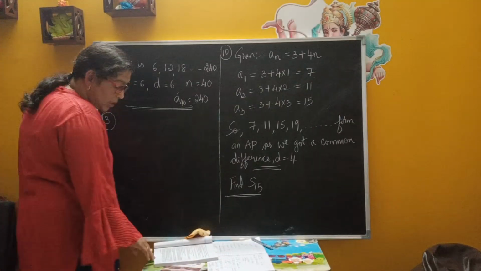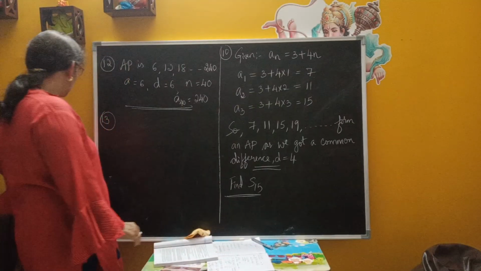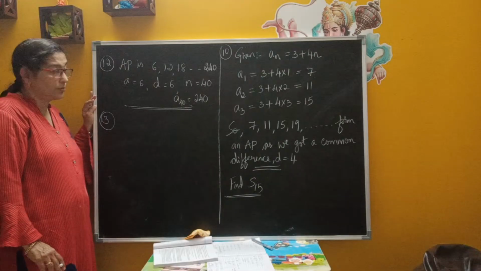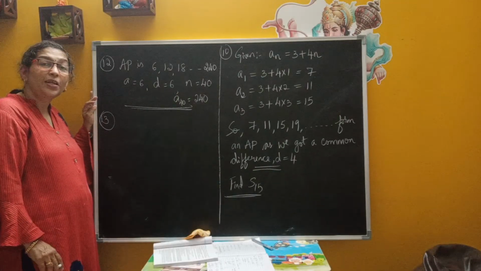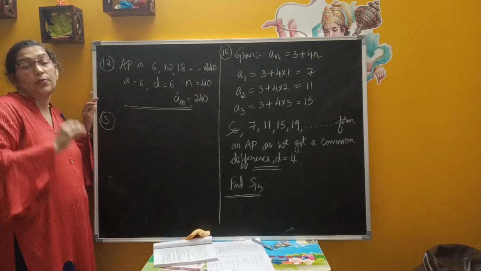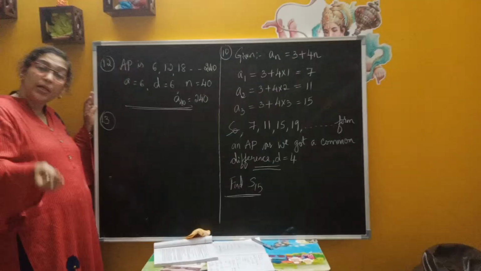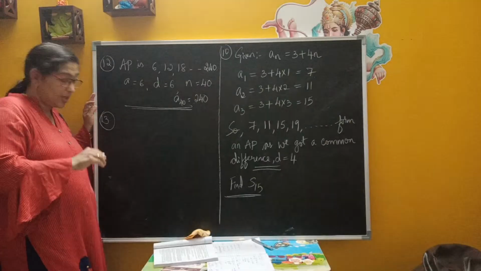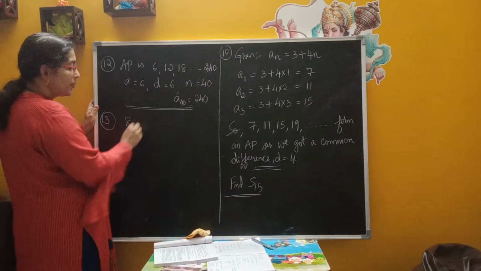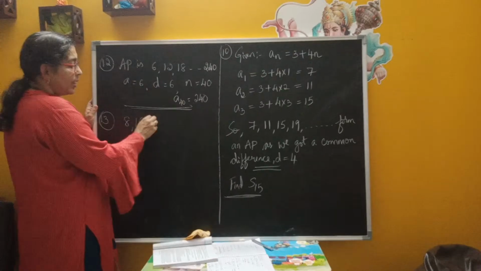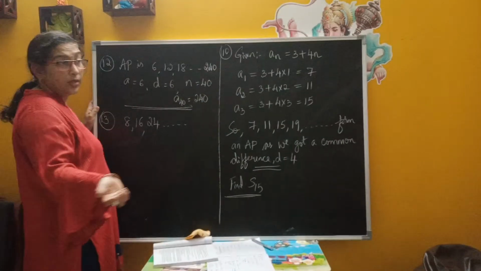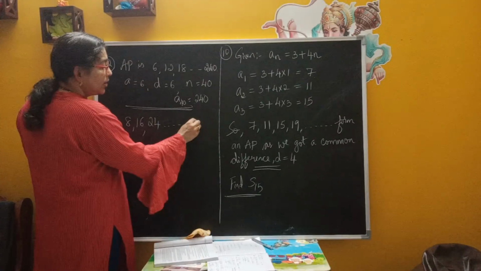Now the 13th one. Find the sum of first 15 multiples of 8. Multiples of 8 means what? The 8 times table. First 15 multiples: 8 ones are 8, 8 twos are 16, 8 threes are 24, till 15. 8 fifteens are how much? 120.